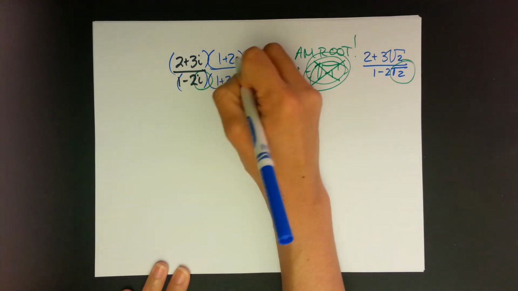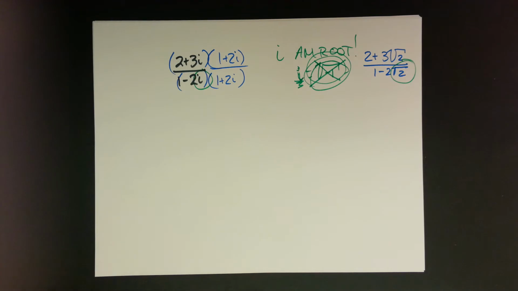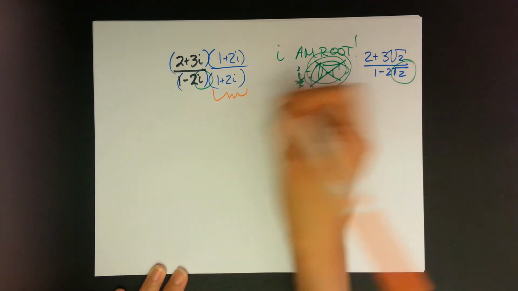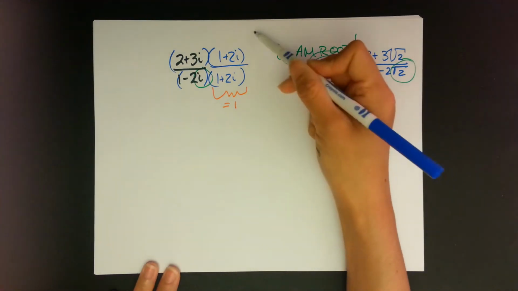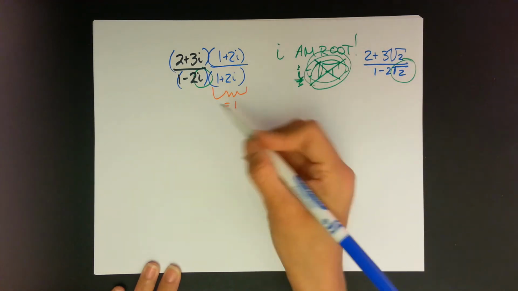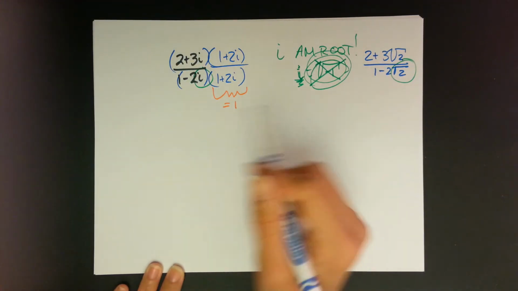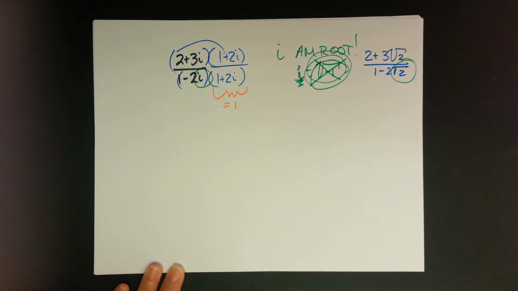And again, this is the mathematician trick of multiplying by 1, right? This is just a fancy way of saying 1, right? So make sure that your top and your bottom match. I saw that not happening in some of y'all's work. So now you're just going to simply distribute as usual.